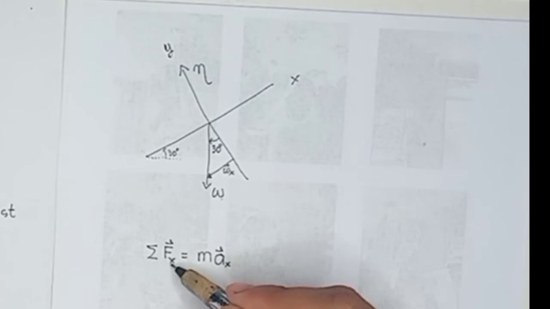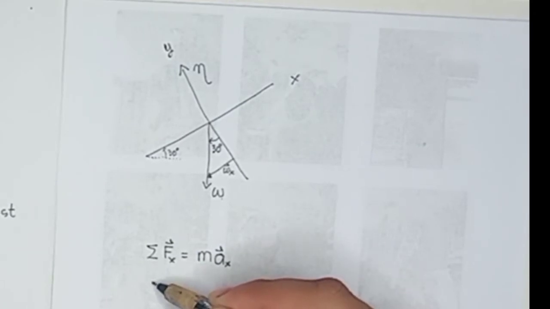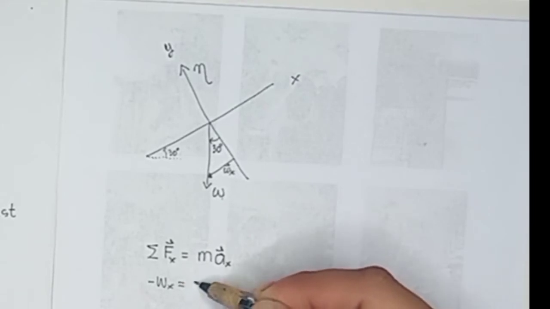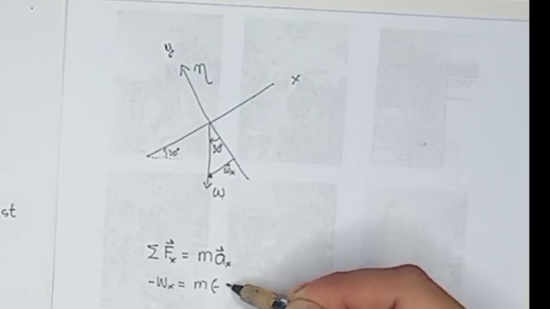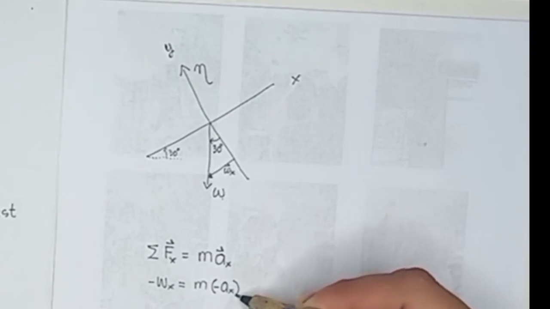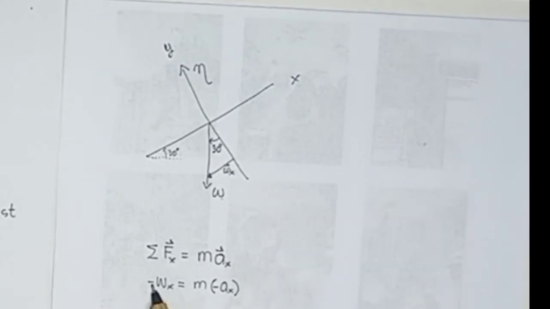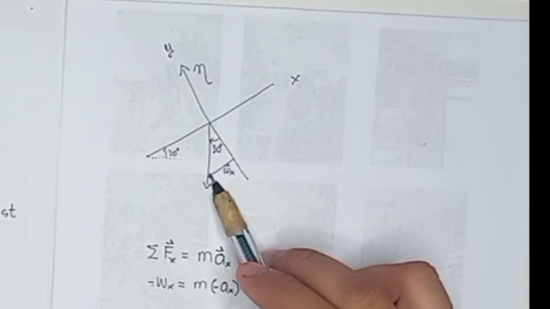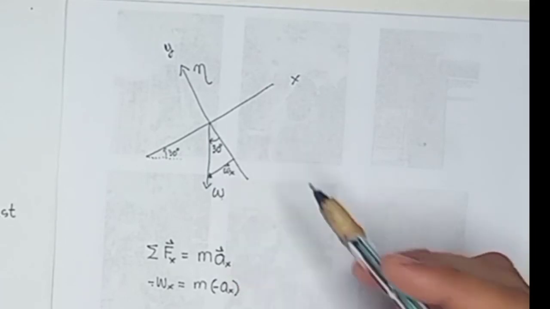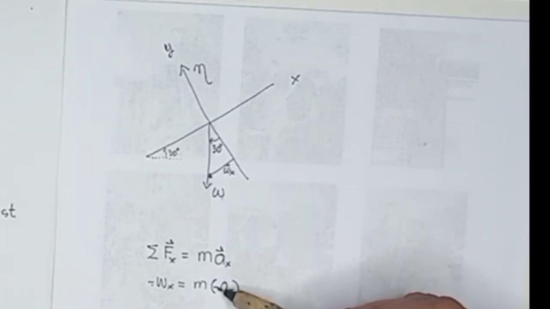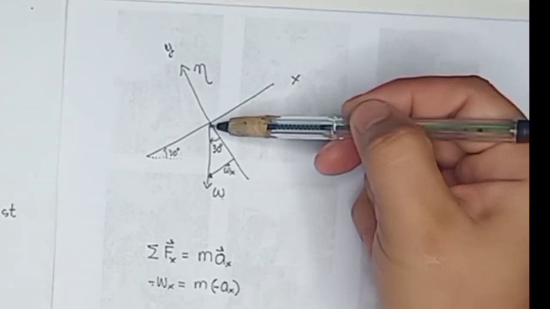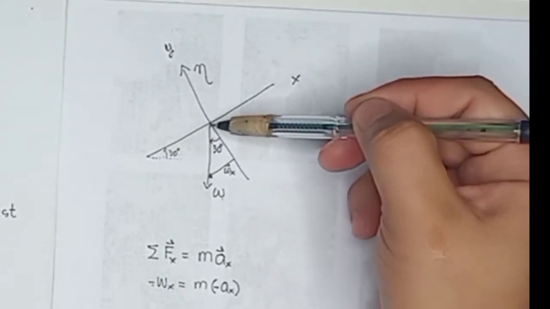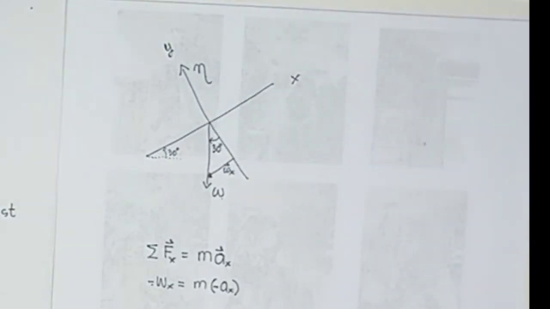So the net force along x is equal to negative Wx equals m times negative ax. This is negative Wx because this is directed towards the negative x-axis, which is on the third quadrant. And this ax is also negative because the box slides downward towards the negative x-axis.